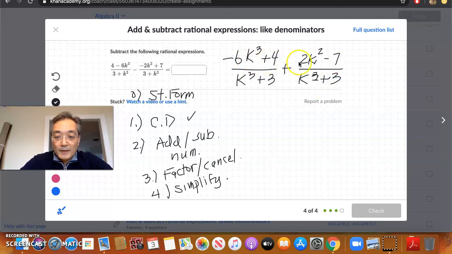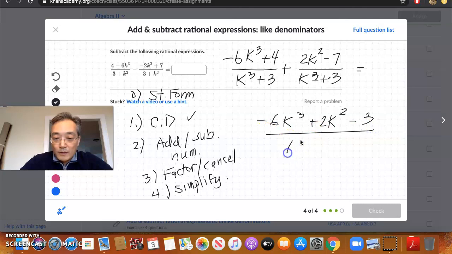Now let's add the numerator. We've got the same denominator, so let's add the numerators. We're going to have negative 6k cubed plus 2k squared, and then 4 minus 7 is minus 3, all over k cubed plus 3. Okay, so let's type this in.